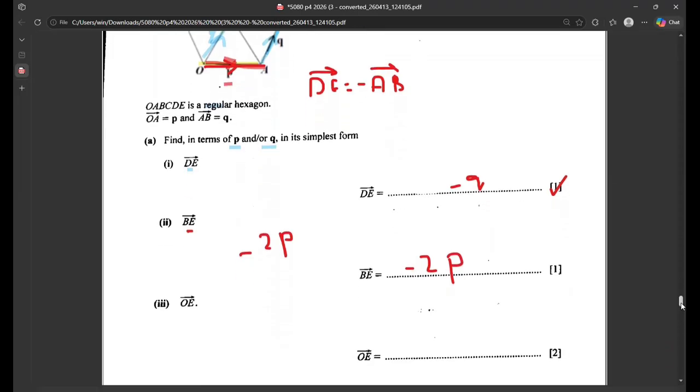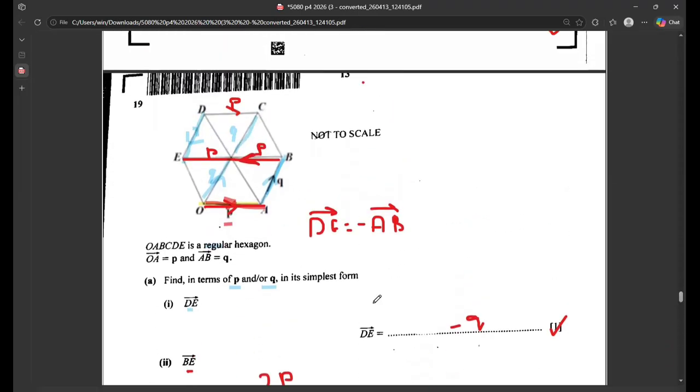The OE here, which would be equal to this OE, which equals this.